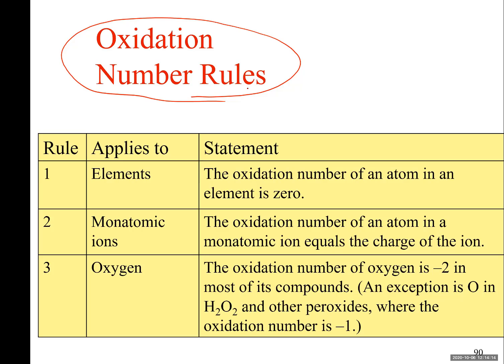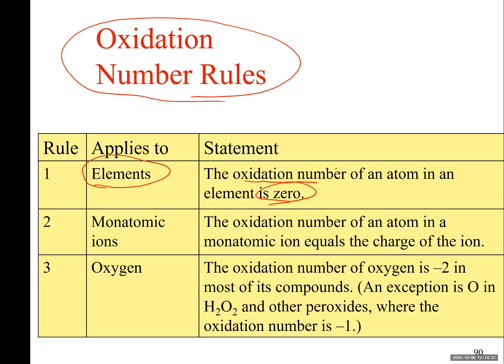Rule number one, guys, as you already know, all elements have a charge of 0 because they have an equal number of electrons and protons. So I'm going to define charge.